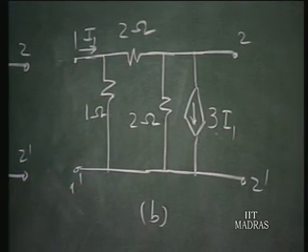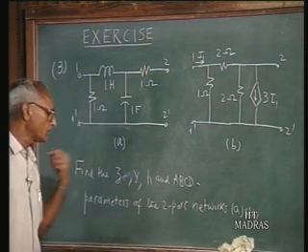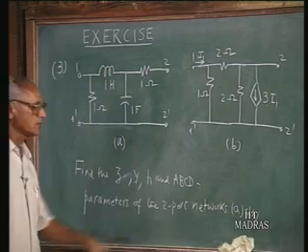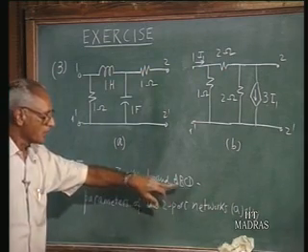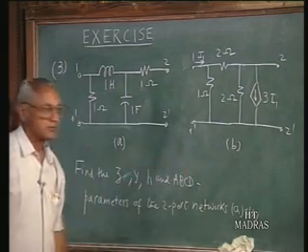This is a reciprocal network, this is not a reciprocal network. So, you will expect that Z12 is not equal to Z21, Y12 is not equal to Y21, H12 is not equal to minus H21, and the determinant of the ABCD parameter matrix is not going to be equal to 1 for this network B.